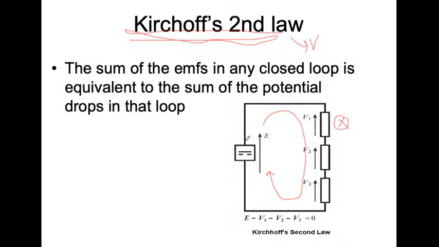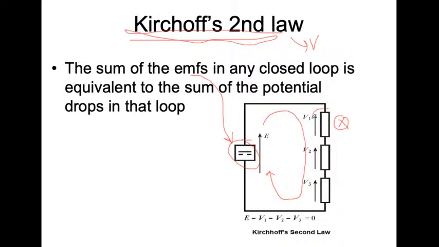We already know that from before, but now we're using this idea of a closed loop, and the sum of the EMFs, right? So this would be our electromotive force from our cell in any closed loop needs to be equivalent to the sum of the potential drops.